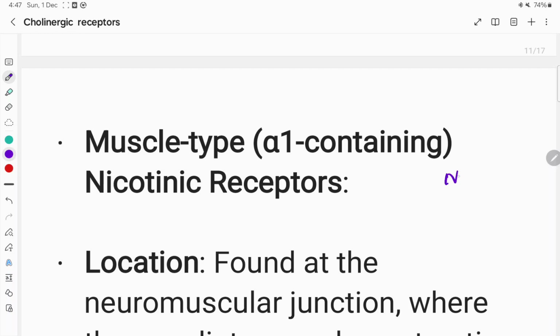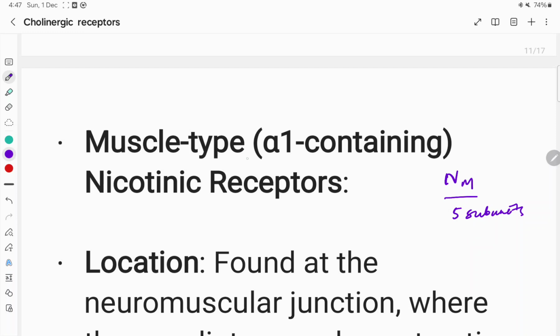So NM, nicotinic muscular. And again, it has 5 subunits. All the nicotinic acetylcholine receptors have 5 subunits, and they may be homomeric or heteromeric.